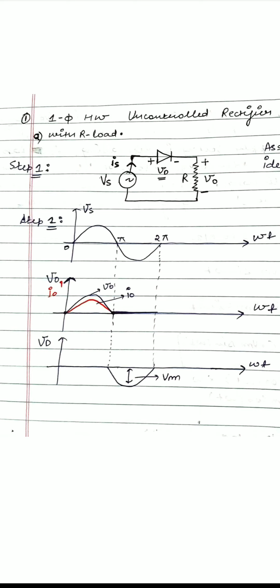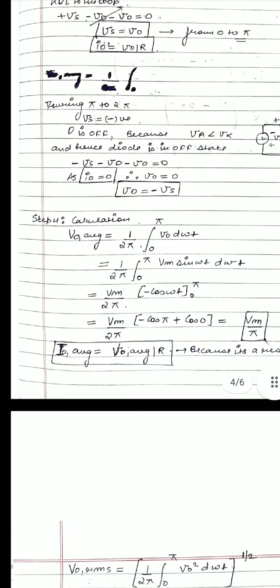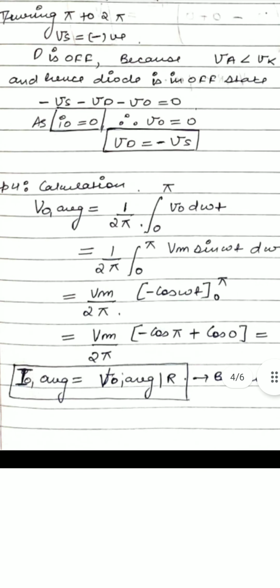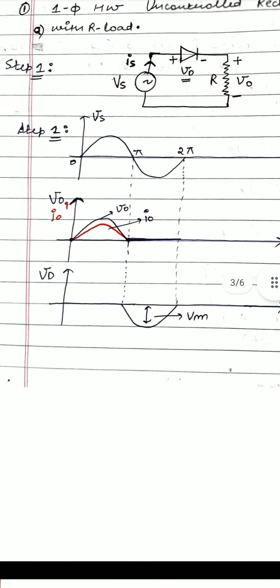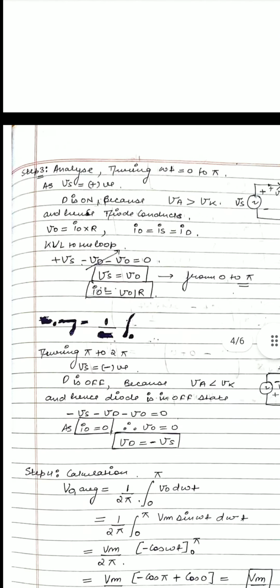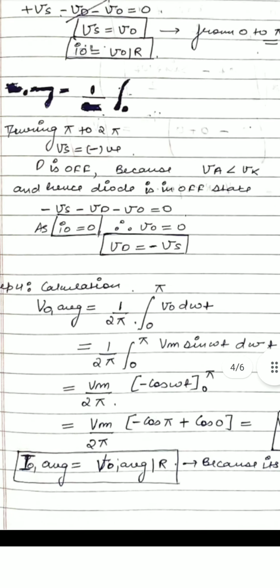So V naught average is equal to 1 upon 2 pi from 0 to 2 pi of small v naught. Actually, we have to take from 0 to 2 pi, but the V naught waveform is only available from 0 to pi, as you can see from the diagram. From pi to 2 pi, V naught is 0. So it is unnecessary, it is a waste of time.